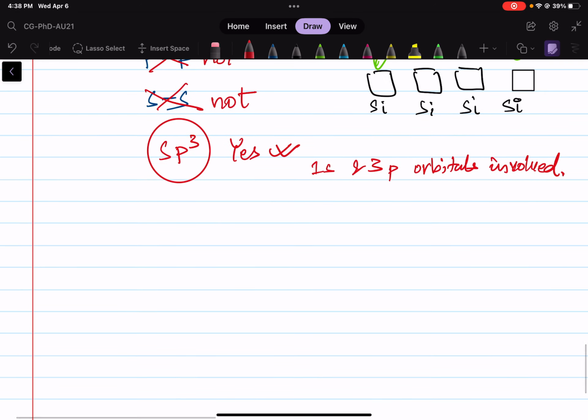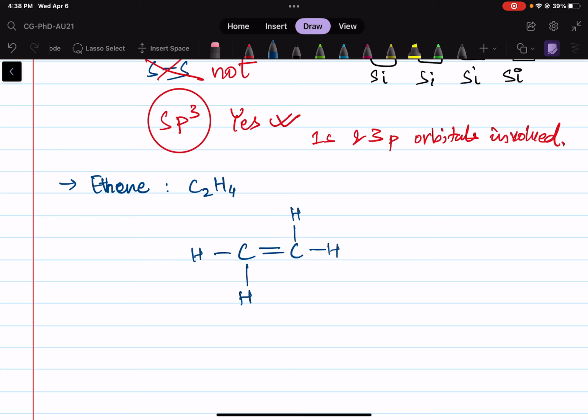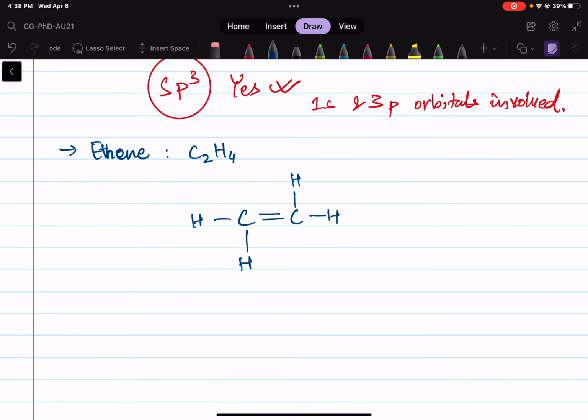And then similarly, if you want to talk about something like ethene, that's also a common organic molecule that we study about. Formula C2H4. What you have is C double bond C, H, H, H, and then H. So you have sigma bond, sigma bond, sigma bond, sigma bond. Out of the double bonds that the 2 carbons are making, only one of them is sigma, and the other bond is a pi bond.